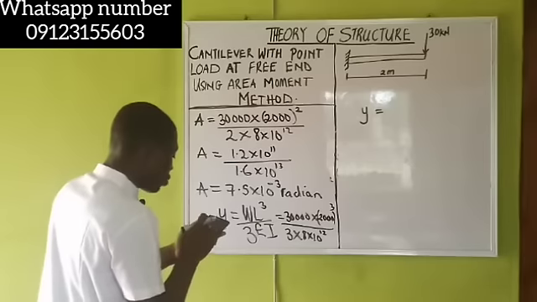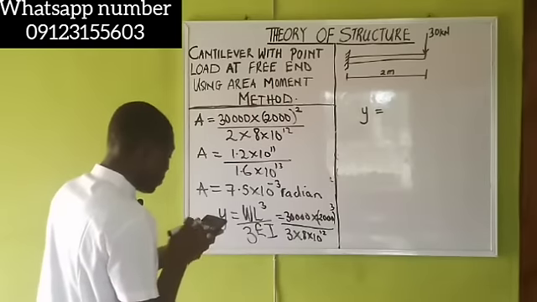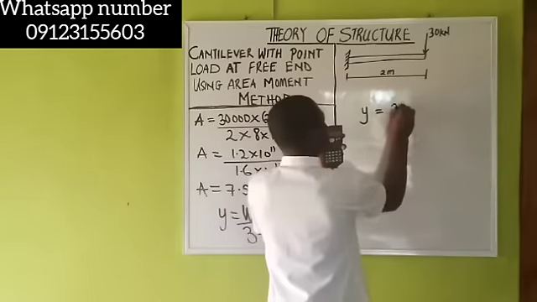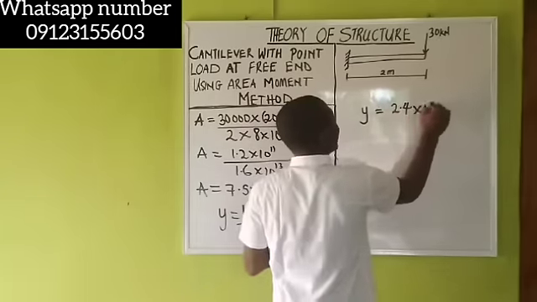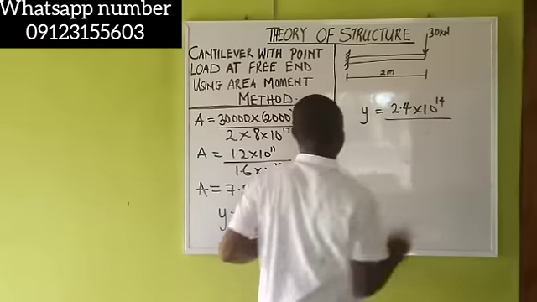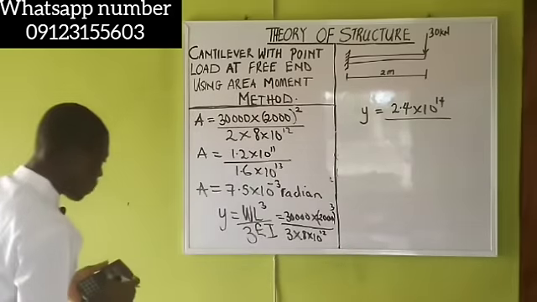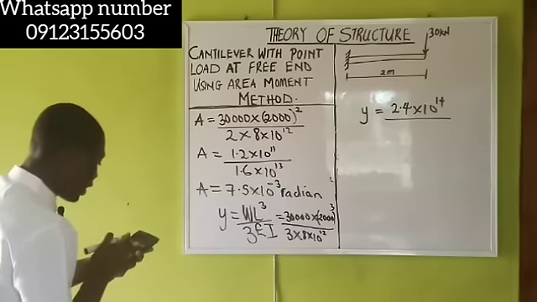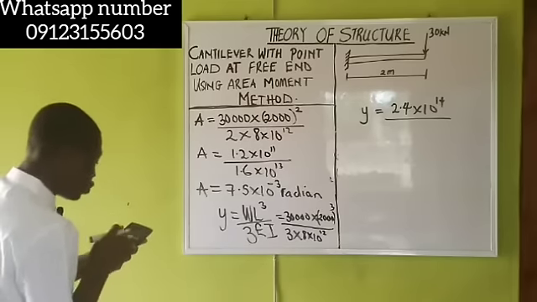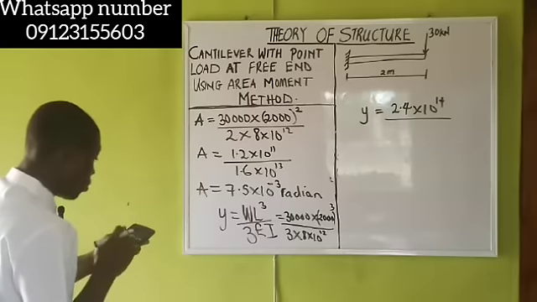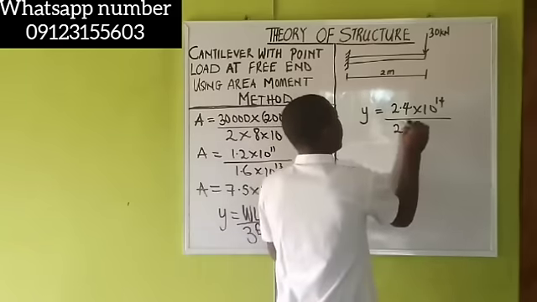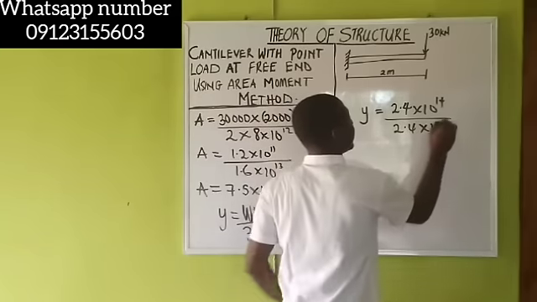2,000 to the power 3 multiplied by 30,000. I have 2.4 times 10 to the power 14 divided by, if I punch the denominator, 8 times 10 to the power 12 multiplied by 3, I'll have 2.4 times 10 to the power 13.